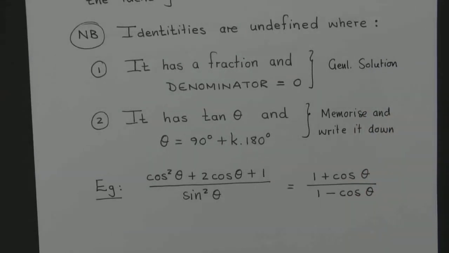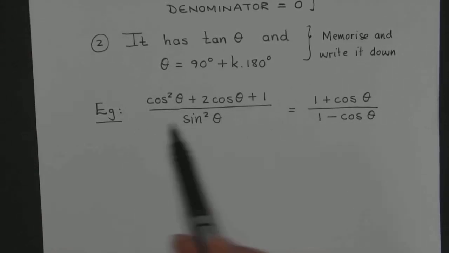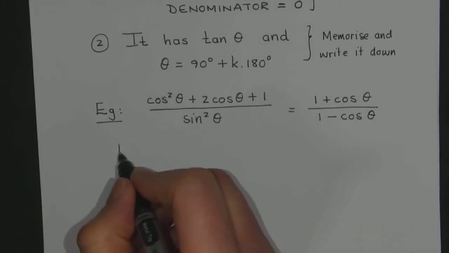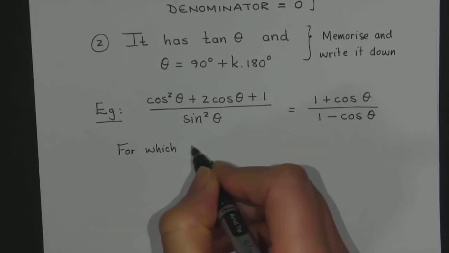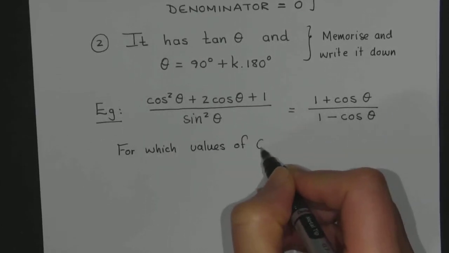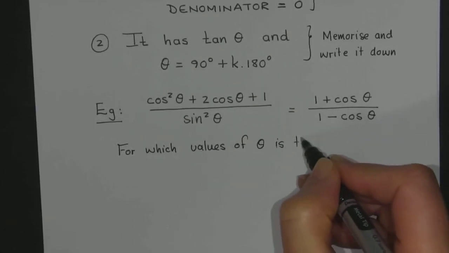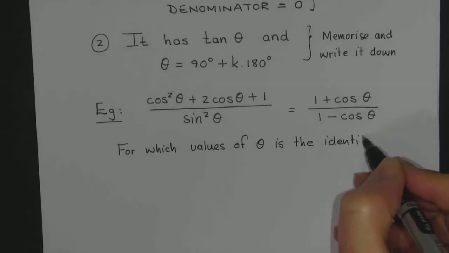So in this particular example we were busy with, if they ask, not to prove it, they just ask, for which values of theta is the identity undefined or not defined.